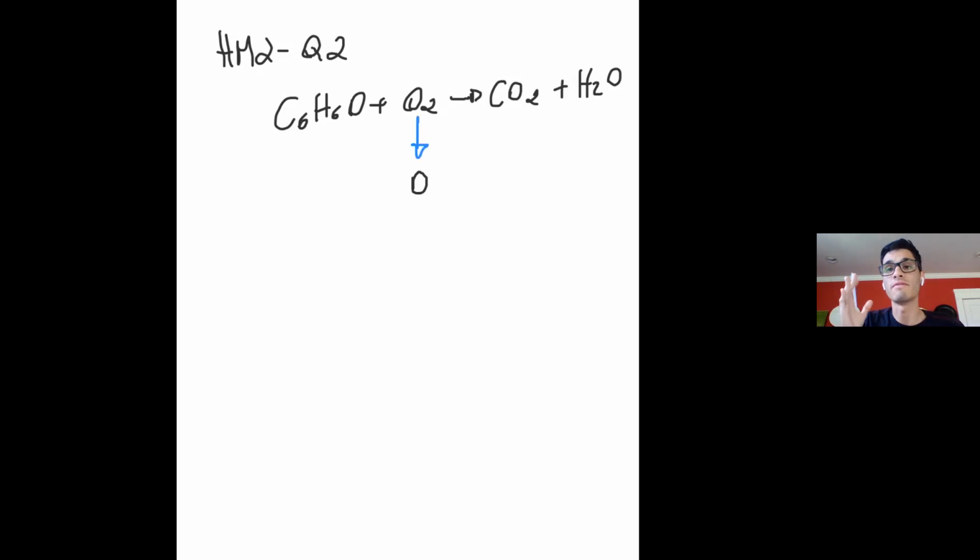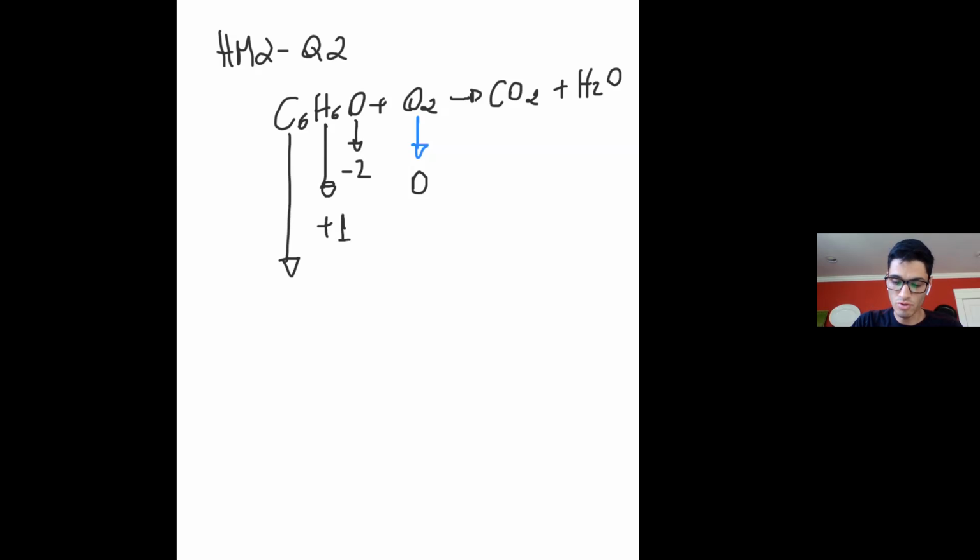But we also know that if oxygen is with other atoms in a molecule, the oxidation state is -2, right? So this oxygen here is -2, and this one is 0. We know that the hydrogen here is +1. So by calculating that, we can calculate the oxidation state of this carbon here.